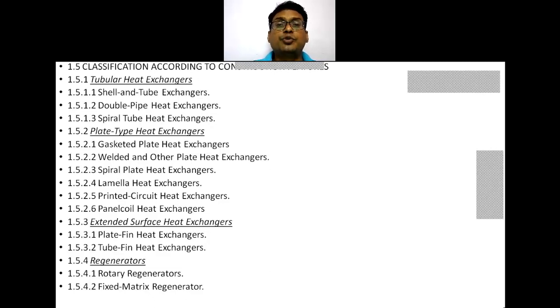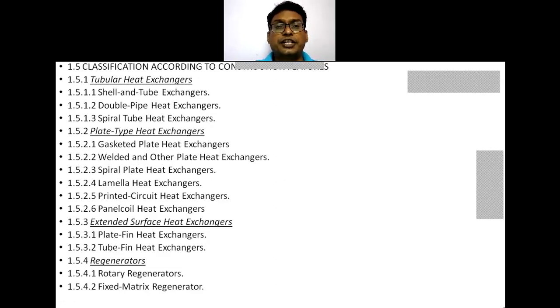In that, there are tubular heat exchangers, plate type heat exchangers, extended surface heat exchangers, regenerators, then spiral type heat exchangers. So based on the type of construction, they are all classified.